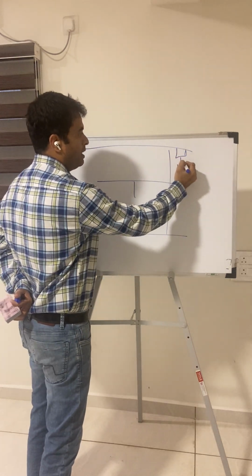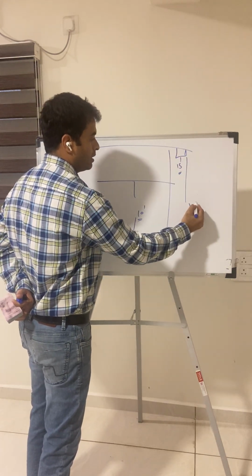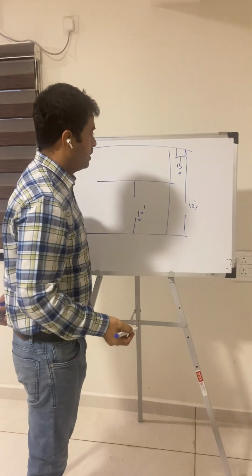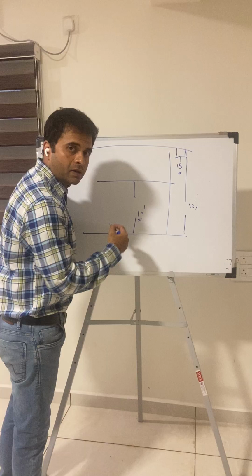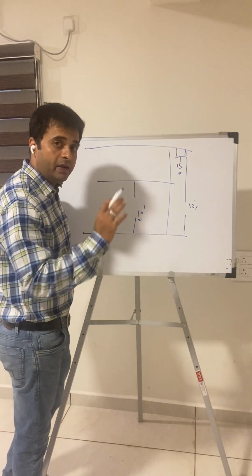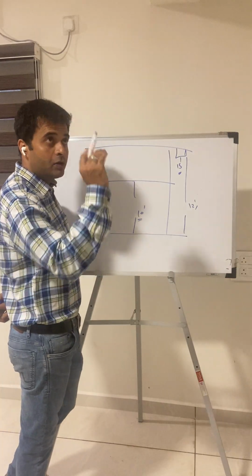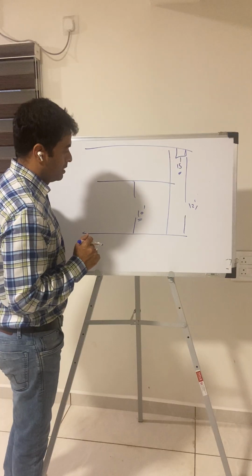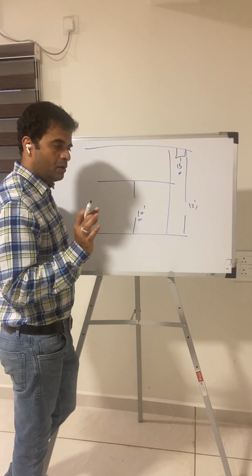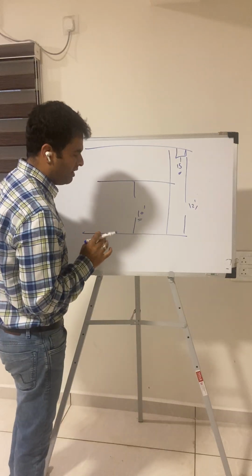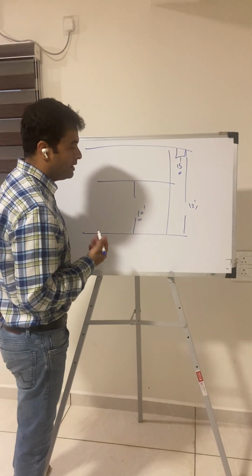Even if you have one beam of around 12 feet, I'll manage. But having this 10 feet as a benchmark in the operation theatres, from finished floor level to the ceiling, I don't find much logic behind this 10 feet. I have asked the questions also, but I didn't get a satisfactory answer.